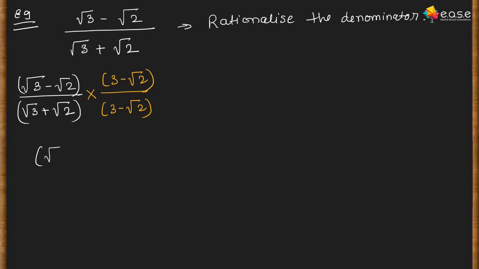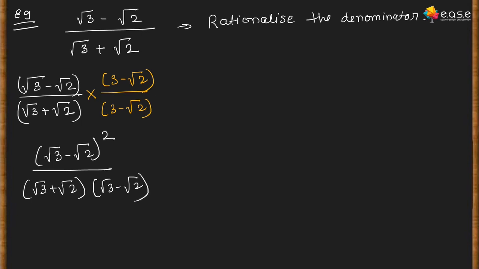That is what we will get here. The numerator is root 3 minus root 2 the whole square, and in the denominator we will have root 3 plus root 2 into root 3 minus root 2.